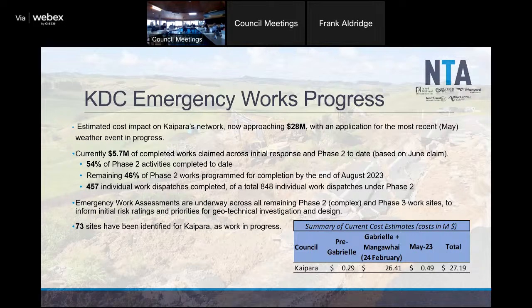Through the chair, both the maintenance and construction seasons and available working windows have been massively hit this past year. Every time we have an event, we need to divert maintenance resources to respond, and generally that's 1 to 2 weeks. A large part of the reason for increasing the local contractor component of the emergency works is to ensure that the maintenance contractors continue with their contractual obligations in terms of the maintenance programs moving forward.